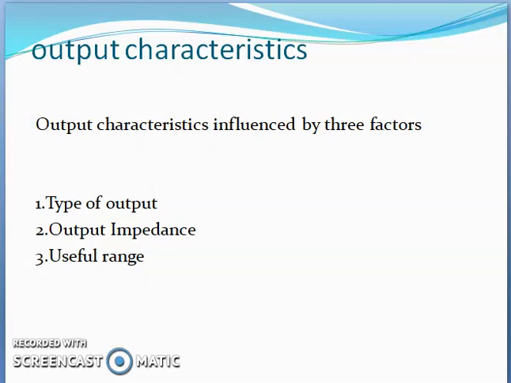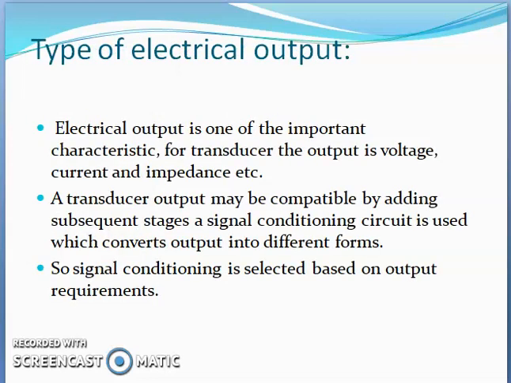So in type of electrical output, we can say that the output of the transducer may be a voltage, current or impedance, or it may be a function of these parameters. The quantity may not be acceptable to later stages of the instrumentation system.